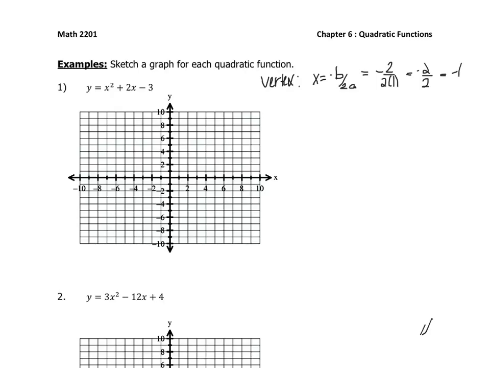Then your y-coordinate of the vertex would be negative 1 squared plus 2 times negative 1 minus 3, which is equal to 1 minus 2 minus 3, which is negative 4. So the vertex is negative 1, negative 4.